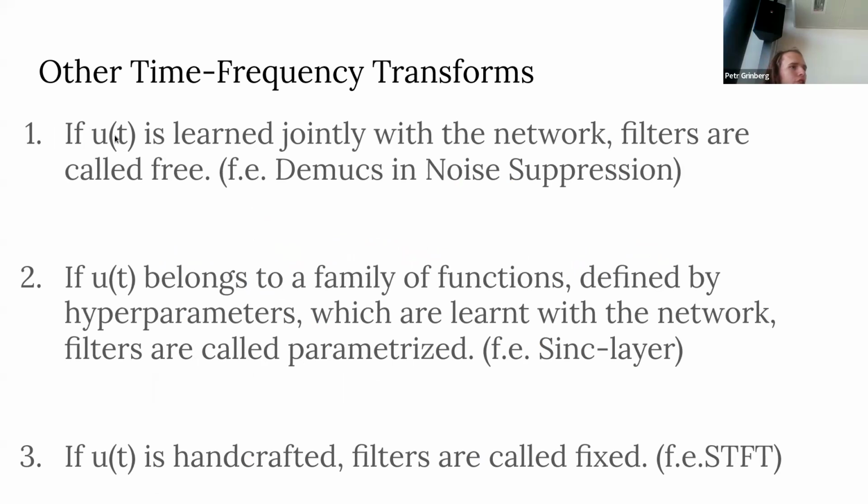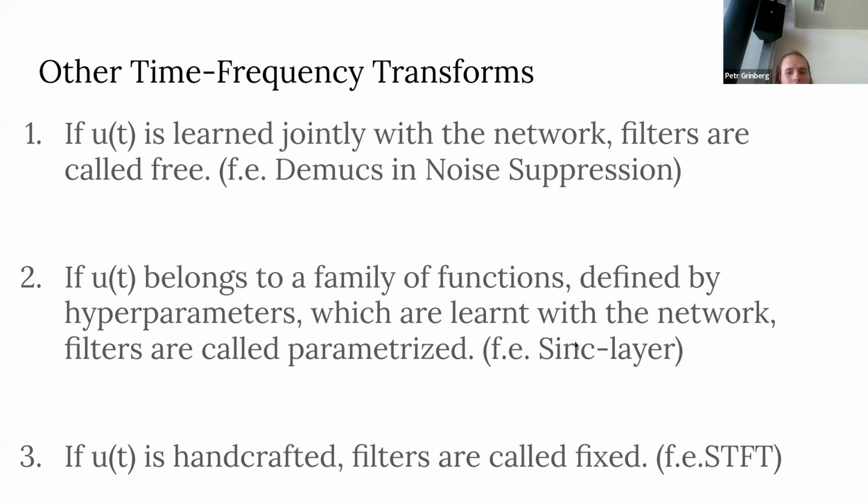Depending on which type of filter you have, these time-frequency transforms are called differently. If you learn the filters jointly with your deep learning model, so they are trainable, the filters are called free. We'll see an example today a bit later. If the filters belong to a family of functions defined by hyperparameters, say they depend on two parameters, f1 and f2, and your model learns only f1 and f2, and the filters are calculated using them, these filters are called parameterized.